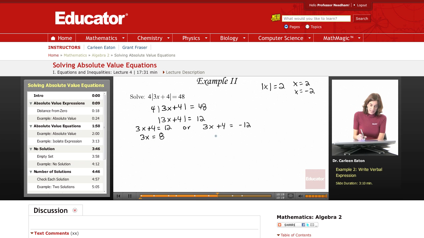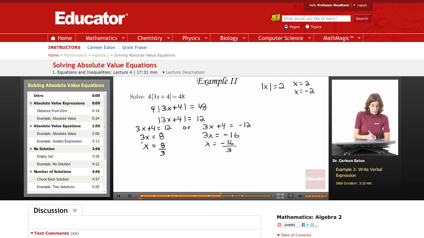Subtracting 4 from both sides, 3x equals 8, and here 3x equals negative 16. Now dividing both sides by 3 gives me x equals 8/3, and here I get negative 16/3.